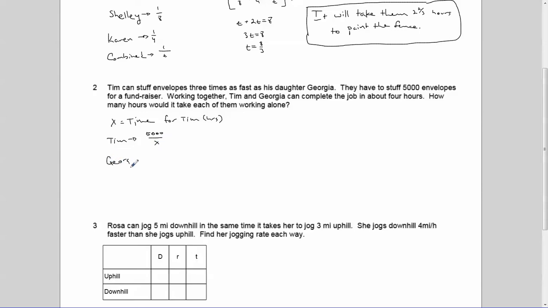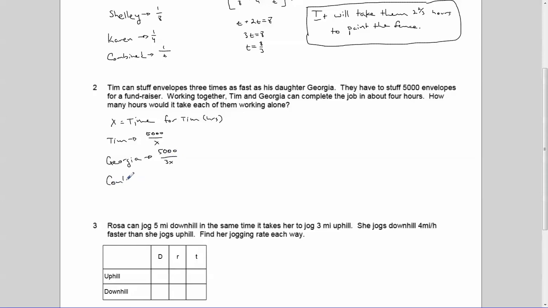Georgia, we know it takes her 3 times as long. Tim stuffs 3 times faster, so it takes Georgia 3x, 3 times as long. 5,000 divided by 3x, and that's her hourly rate. That tells us how many envelopes she can stuff in 1 hour.